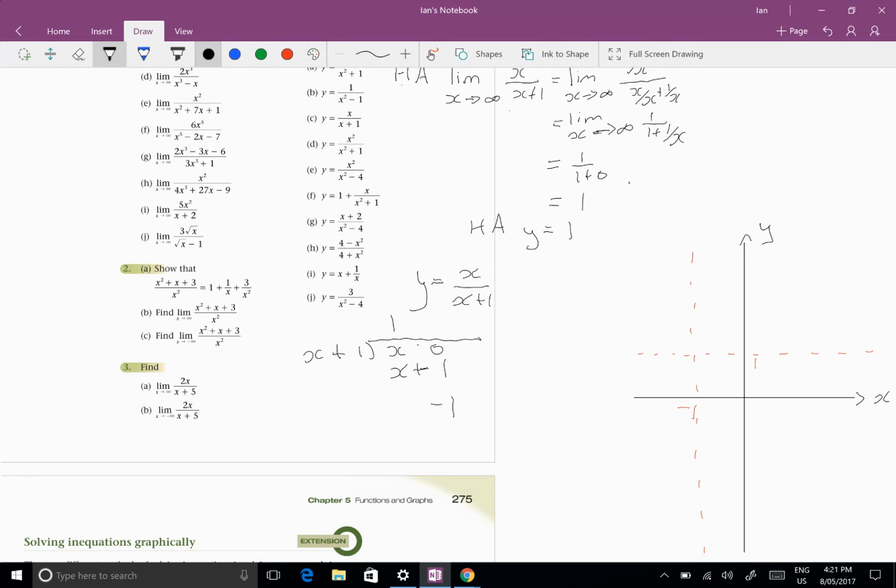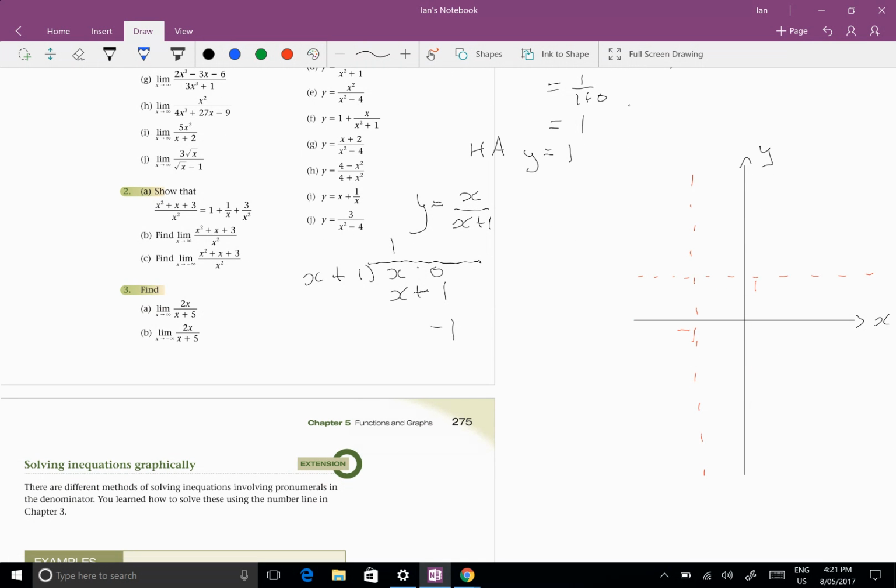So I can rewrite this equation as y equals, because I've just done this division, 1 minus 1 over x plus 1. Now this looks a lot like something that I already know. This looks like my standard hyperbola.